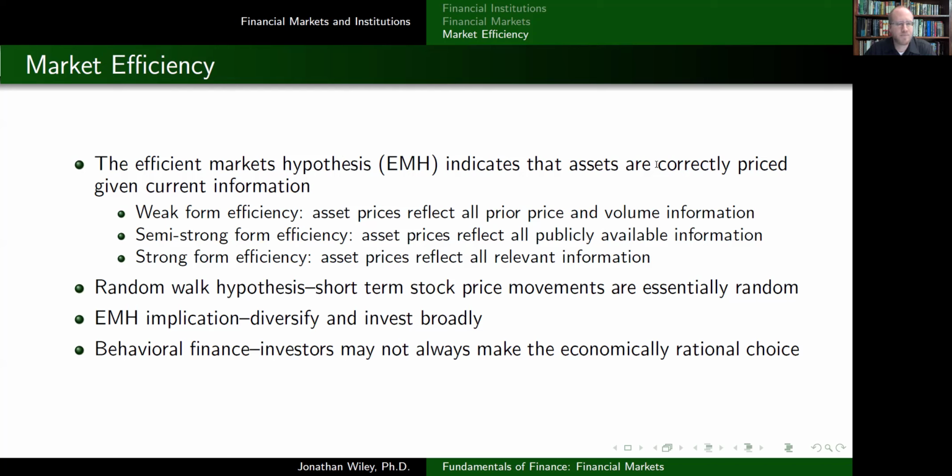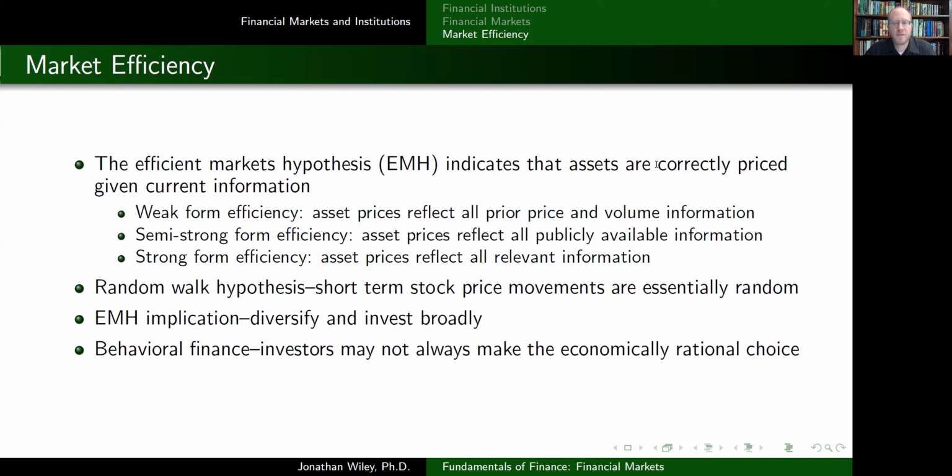Here's another example. Note that this says asset prices reflect all publicly available information. So here's a question for you. How long does it take a stock, or maybe even the stock market as a whole, to respond to news items? If you've been paying attention to the stock market, what you'll probably be thinking is not long, right?